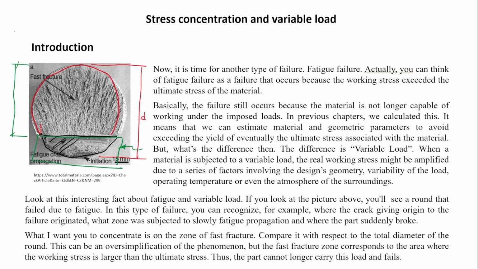Let's call this D2, and let's call this D1. This is your design diameter, and this one here in green is the failure diameter, meaning that the part still worked even though it didn't have the area section you prescribed at the beginning. It could work with less diameter, meaning you could use a smaller diameter for your purposes, but well, it failed.